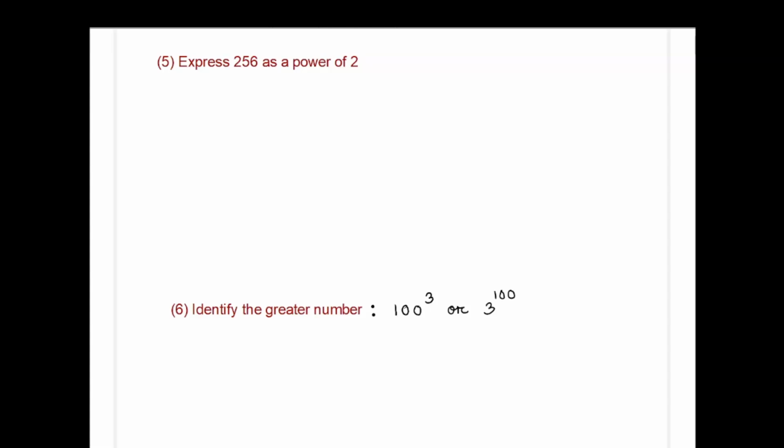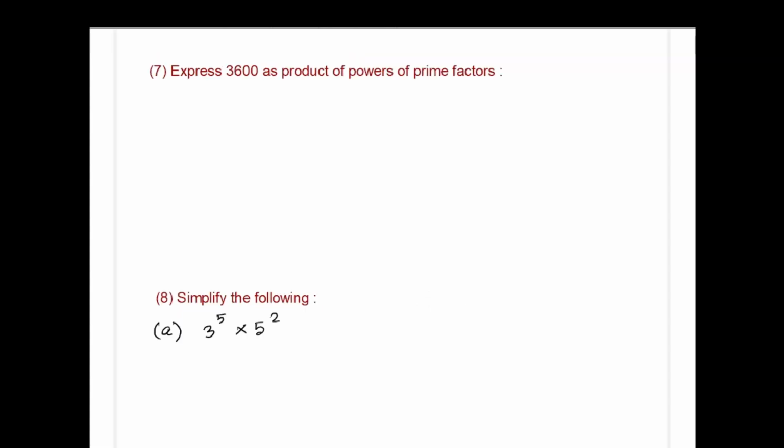Express 3600 as a product of powers of prime factors. So this 3600 we have to express as a product of powers of prime factors.